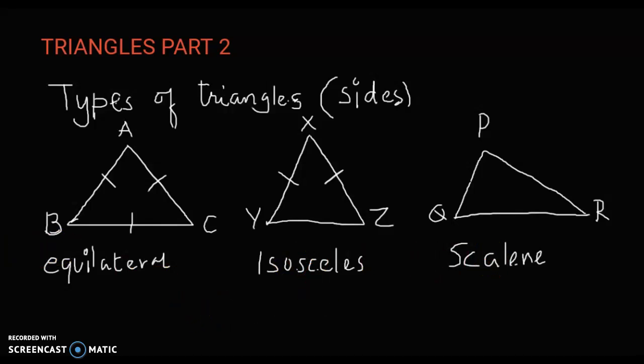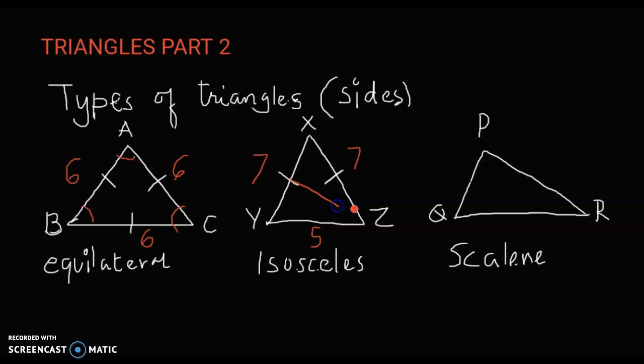Okay, let's try to put measurements here. This could be, let us say, 6 centimeters, 6 centimeters, and 6 centimeters. Here all the angles will be equal. In this we have 7 centimeters, 7 centimeters, and 5 centimeters.